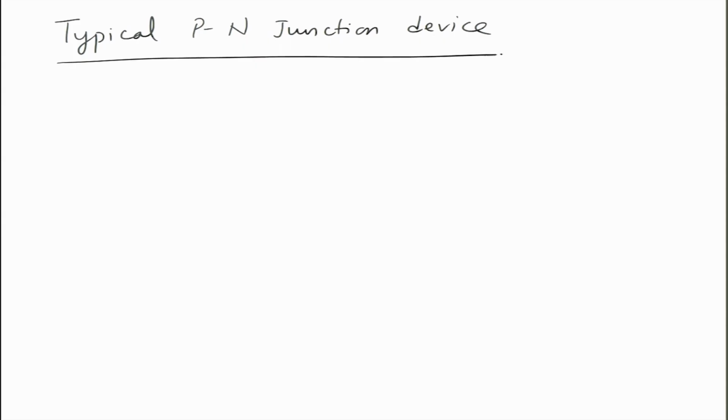Okay. So, now what we are going to do is work on a typical p-n junction device. Okay. So, what is the objective? The objective is to determine current as a function of voltage.